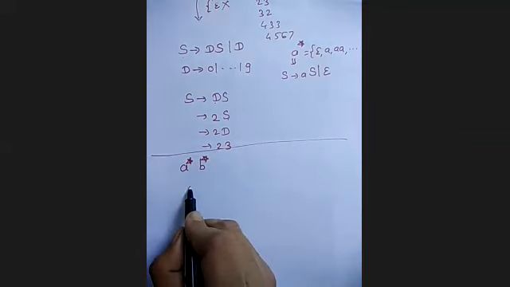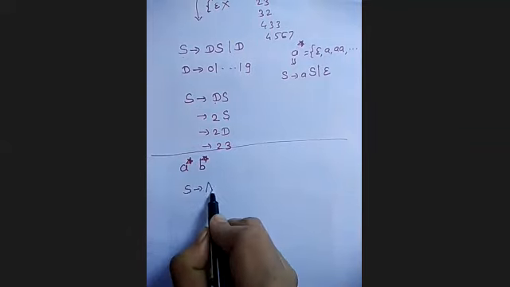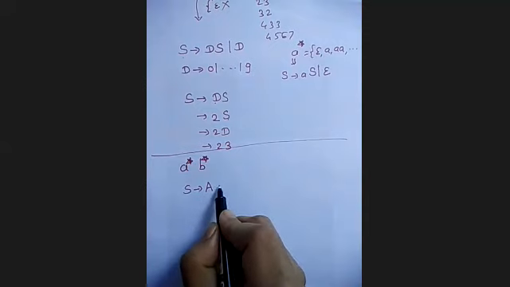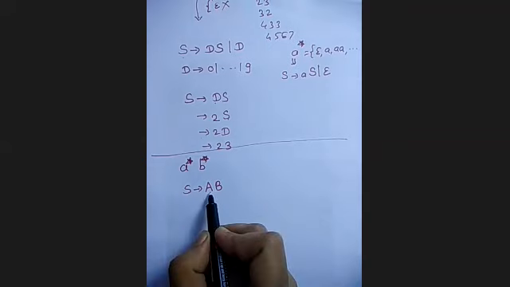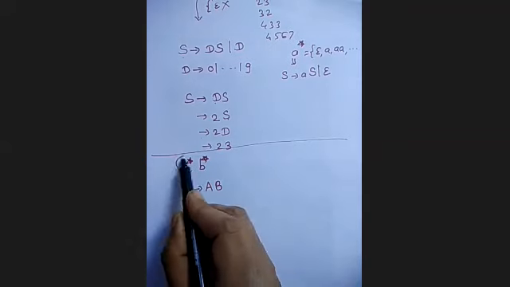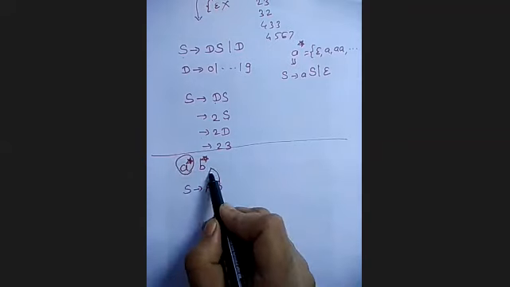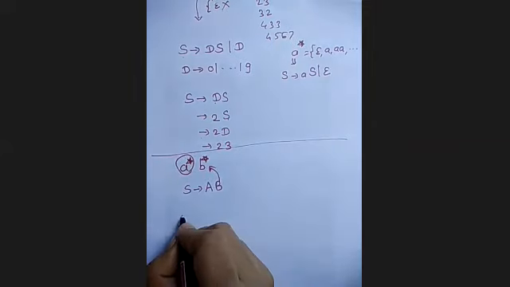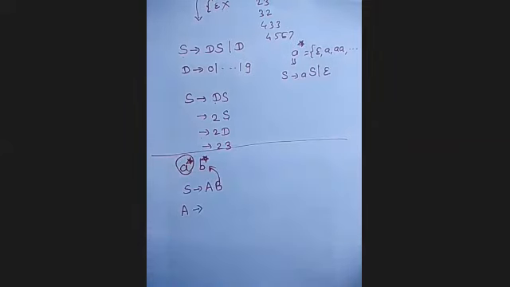So now I am giving you the hint. S gives non-terminal A followed by non-terminal B. Now this A should derive A closure, and this B should derive B closure. So now it is simple. Now tell me, what should be the rule for A so that it derives A closure? Sarthak?